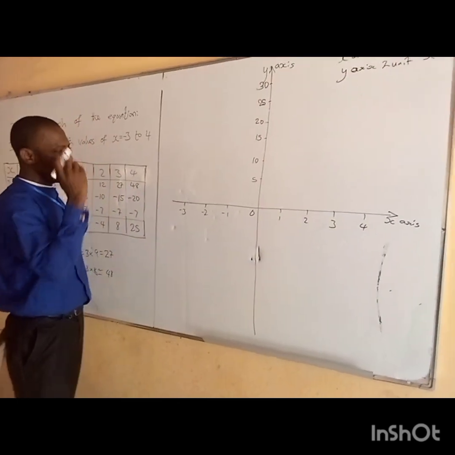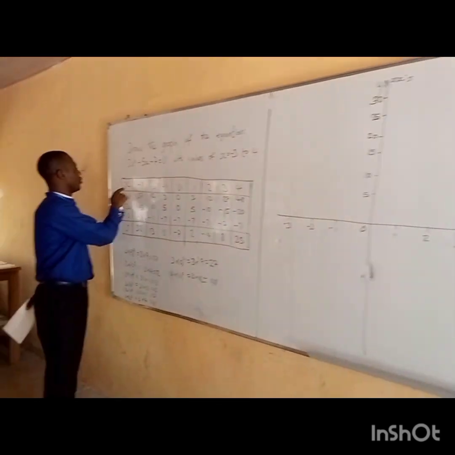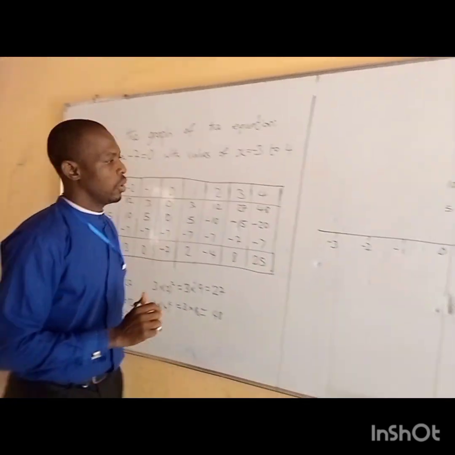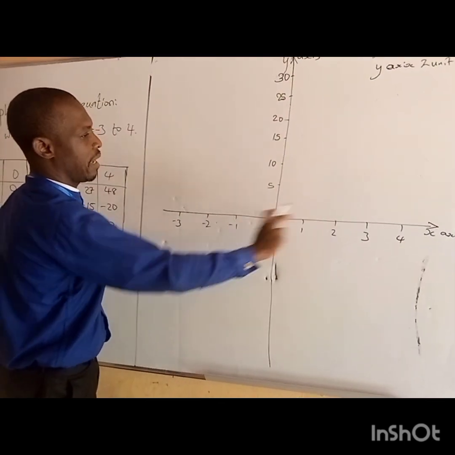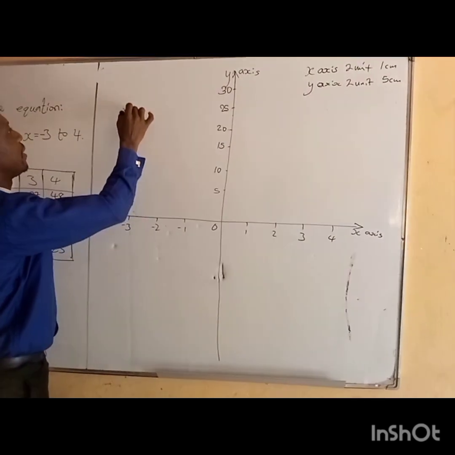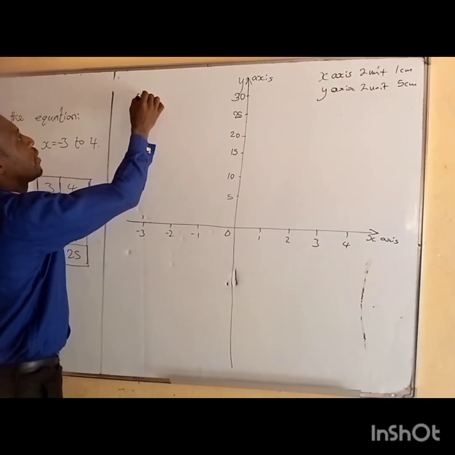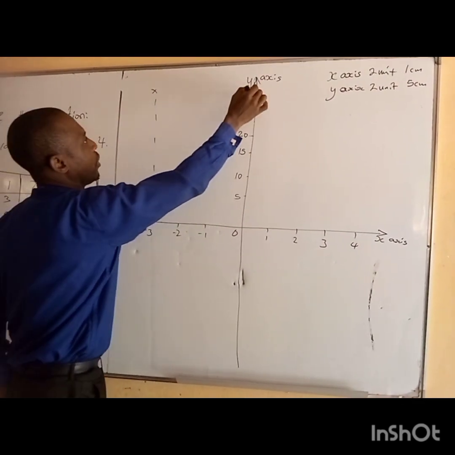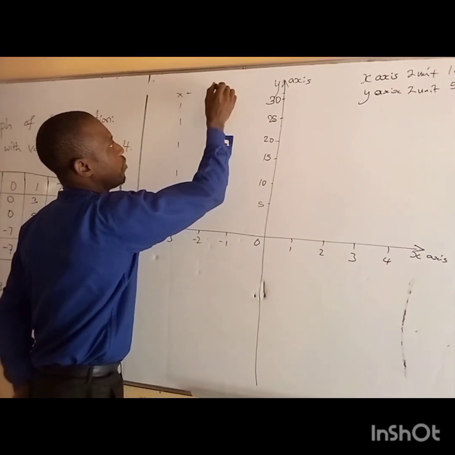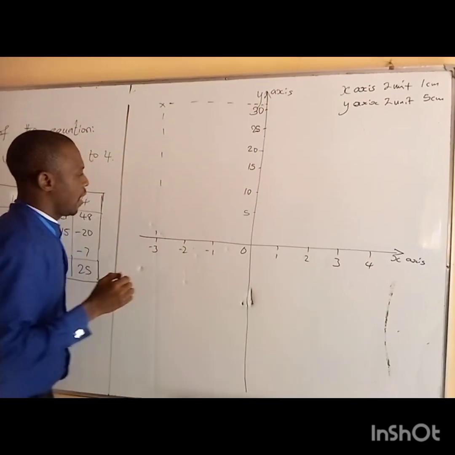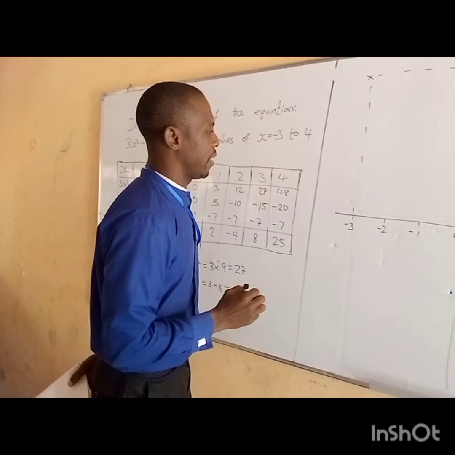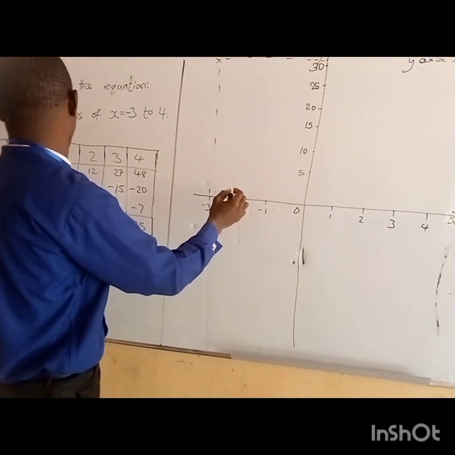Now, our value of x, when x is minus 3, our y is 32. So when x is minus 3, our y is 32, and their meeting point is on this point, a little distance above 30. And then when we have the value of x as minus 2, our y is 13.